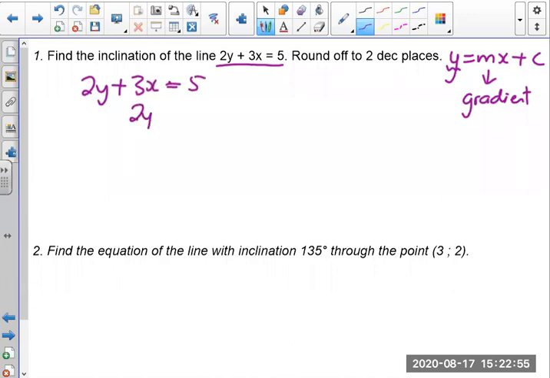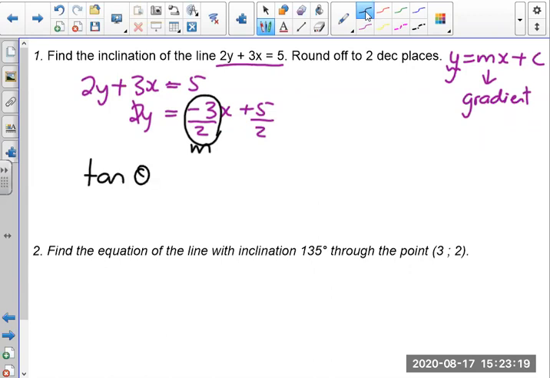So 2y is equal to minus 3x plus 5. I divide the 2 away. What am I interested in? In the gradient. So now to find the inclination, I say tan of the inclination is equal to the gradient.